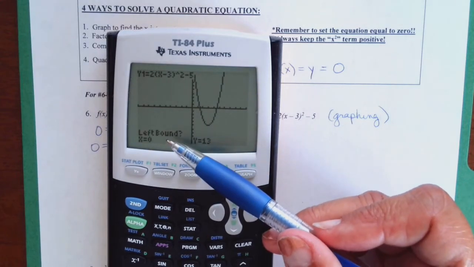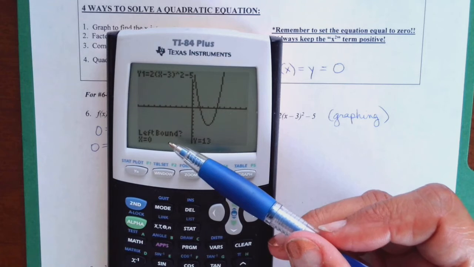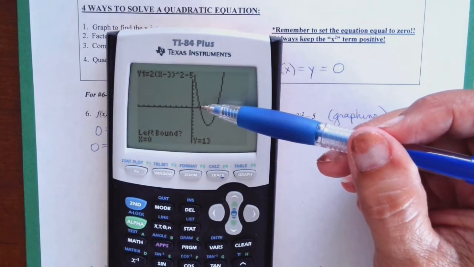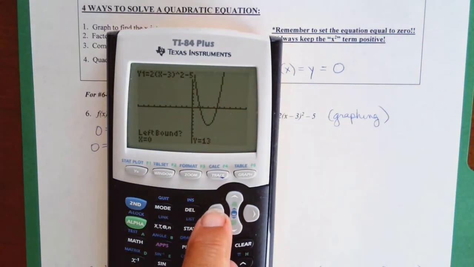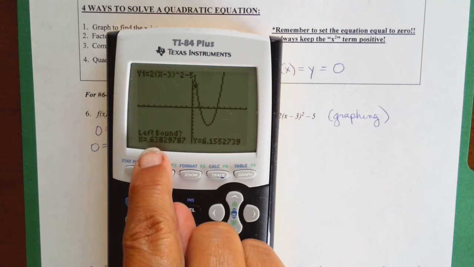So you're going to be asked 3 questions. What's the left bound? What's the right bound? And then what's the answer, basically. So the left bound means just pick a spot on the graph that's to the left of the root that you're looking for. So I'm going to use my left arrow. Now, notice that I'm in the negative, so I want to go to the right. I want to see the little cursor. So this is telling you where x is.